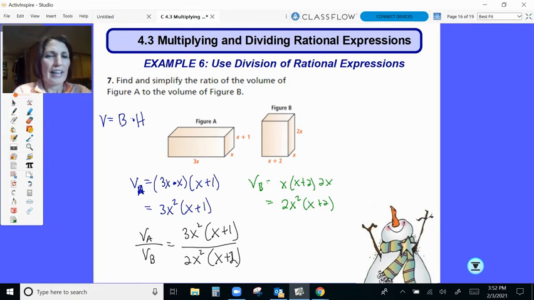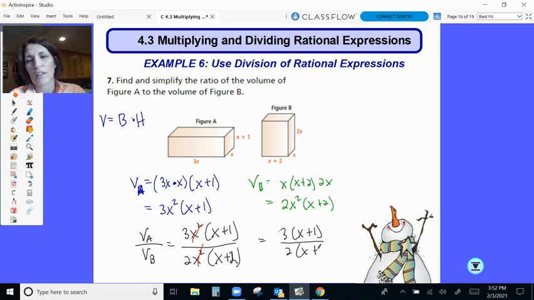Okay, and then the only thing that gets to cancel out here is going to be this guy right here. So my ratio is going to be equal to 3 times x plus 1 over 2 times x plus 2. And that's my ratio of my volume A to volume B.